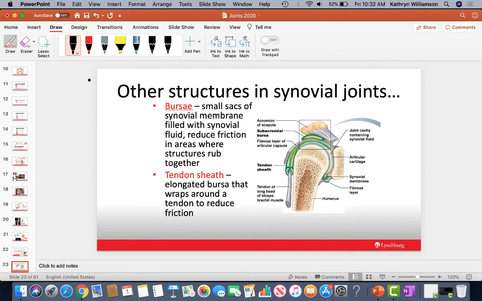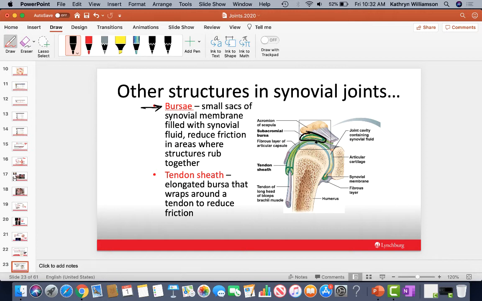Okay, a few other structures. We have bursa that are located within synovial joints. And these are basically little sacs of fluid. You can see here, this would be one of the bursa, this little guy. These are little sacs of fluid. They actually contain synovial fluid, and you're going to see these in locations where structures might rub together.